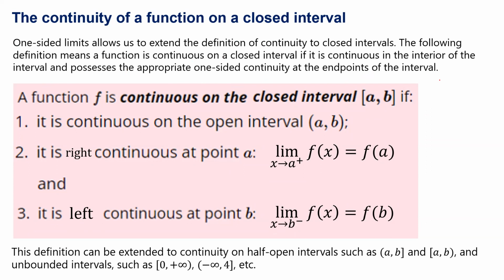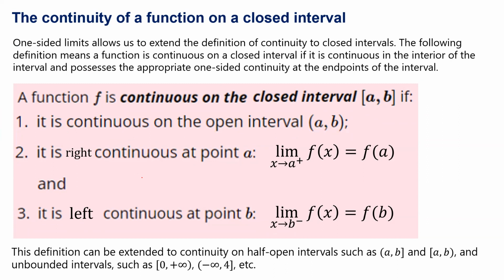So by definition, a function f is continuous on the closed interval [a, b] inclusive if the following three conditions can be met. First, it is continuous on the open interval (a, b) exclusive.